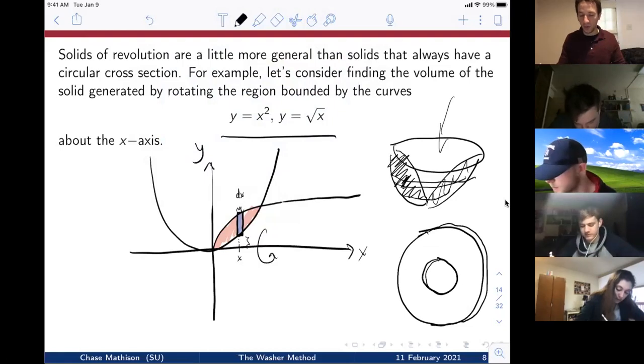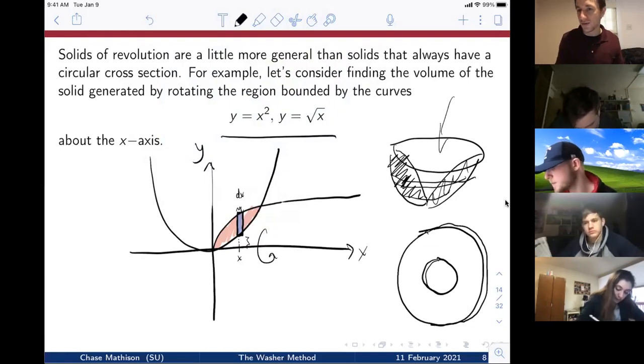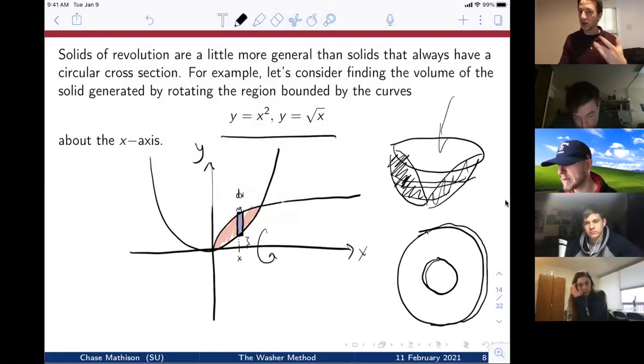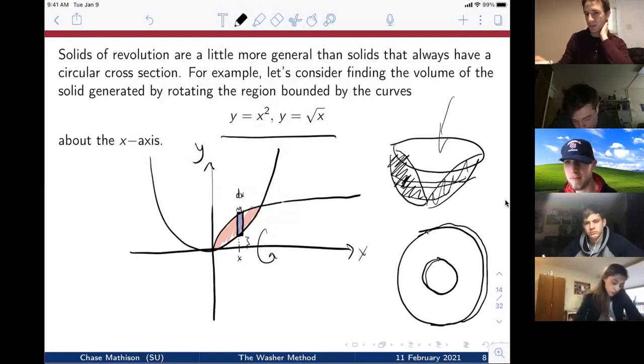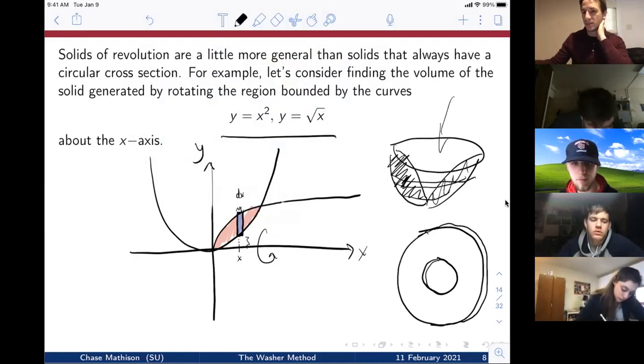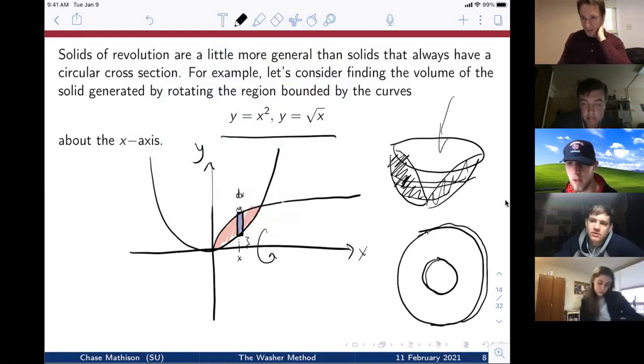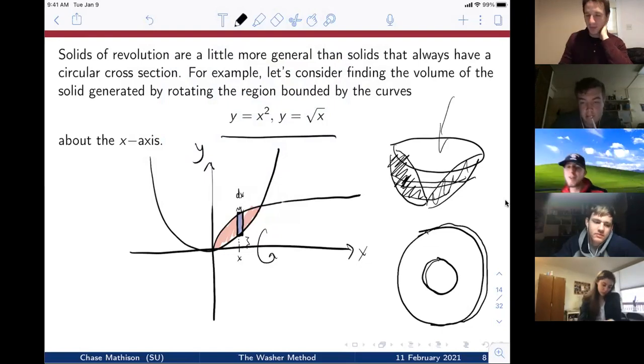I haven't formally told you how to find this volume, but what do you guys think is going to happen next? We find the volume of the whole disk minus the volume of the smaller cavity. Exactly right.